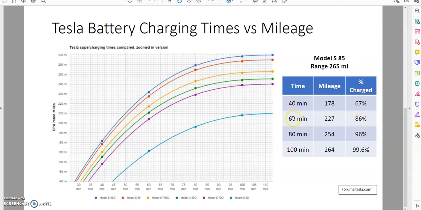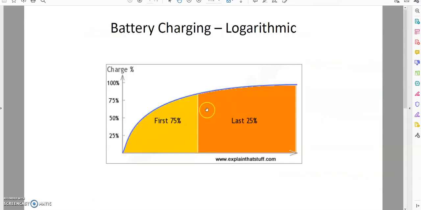In fact, an hour into it, you would have had 227 miles, which is probably plenty to get to wherever you're going or the next charger. So it has that same logarithmic shape: in an hour you can get almost all of it charged, and all of the batteries had that exact same feel, which was very similar to a regular battery in general.